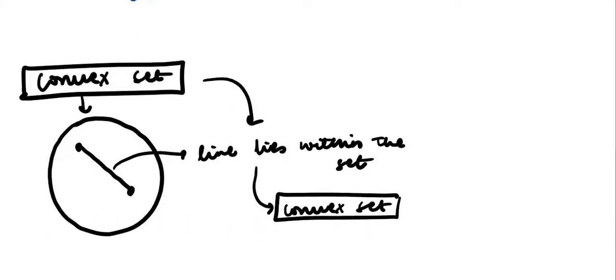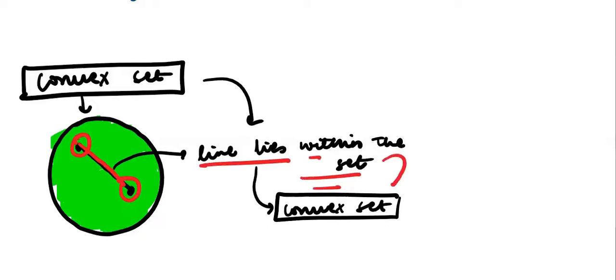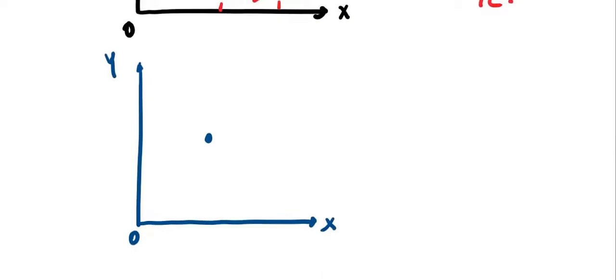So what is a convex set? It is any set such that if you take any 2 points in this set, I am taking this point A and B, I join them with a line, and that line lies within the set, then it is called a convex set. Now, how do I prove that a point is a convex set? Simple. Imagine that I am magnifying this point. I've magnified it as much as I can.